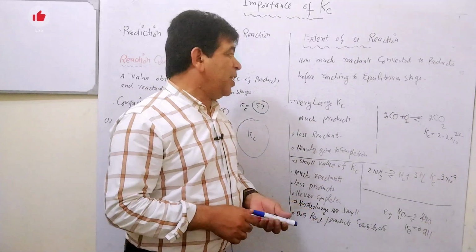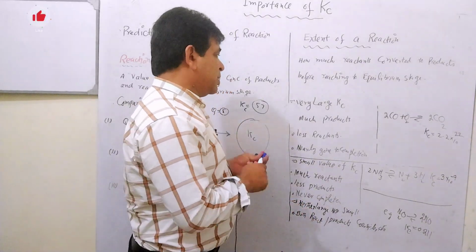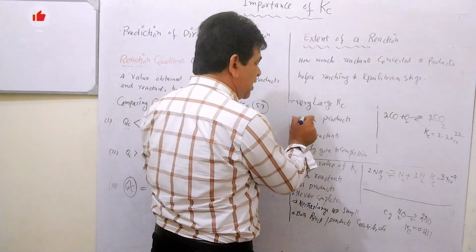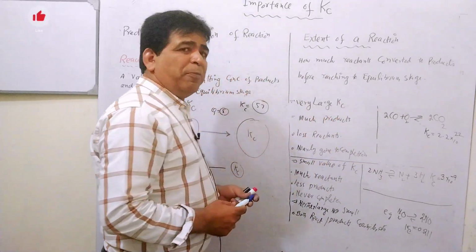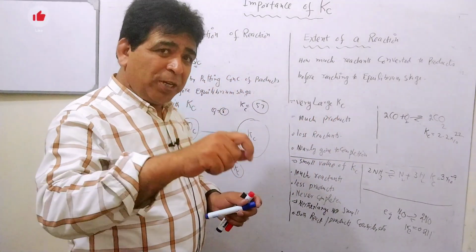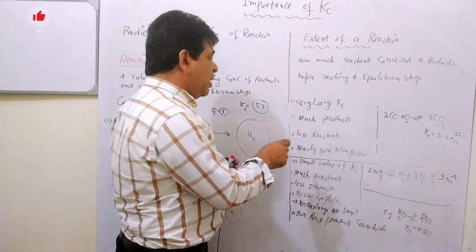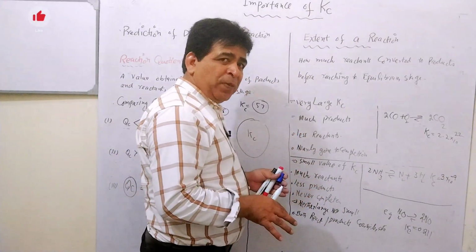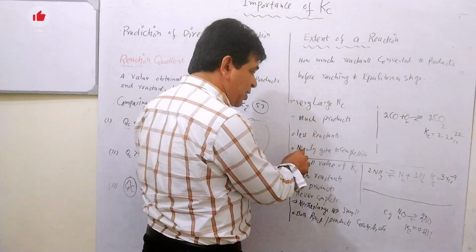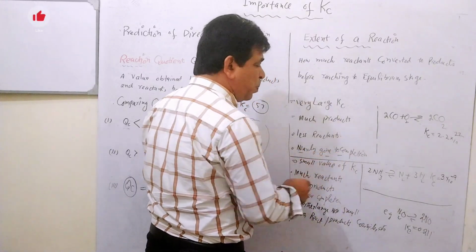And what is the meaning of a very large value? It means that much of the products are formed during this reaction, and very few reactants are left behind, and this reaction has nearly gone to completion.